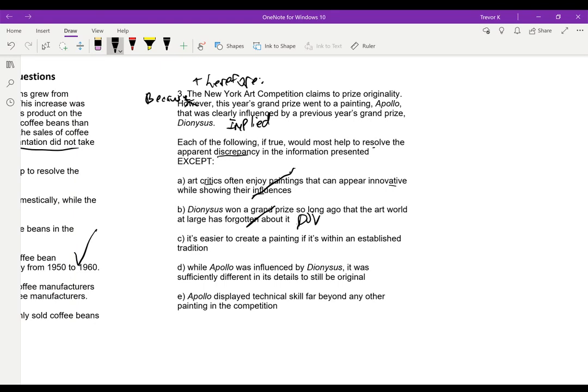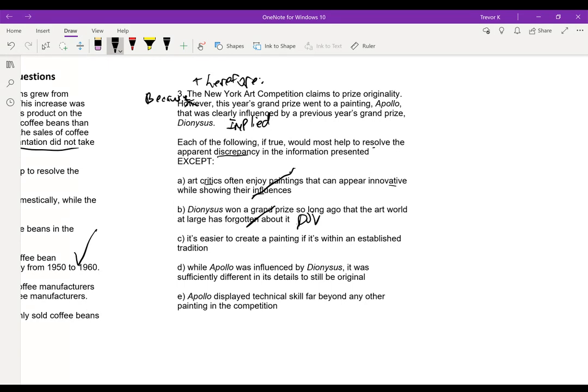C, it's easier to create a painting if it's within an established tradition. This would not help resolve it. Why? Well, we don't care whether it's easier to create a painting if it's within an established tradition. We're looking more from the perspective of the judges. Why would the judges choose a painting that is clearly influenced by a previous year's grand prize?